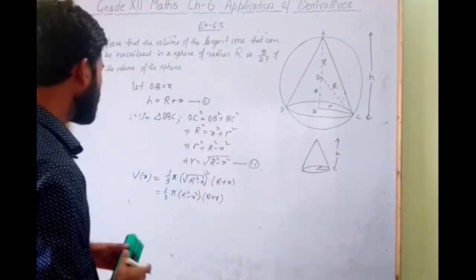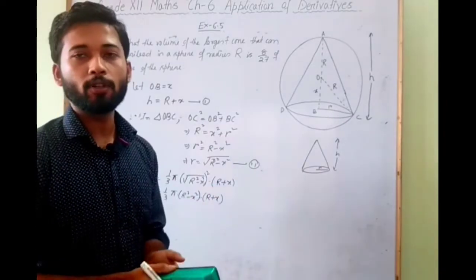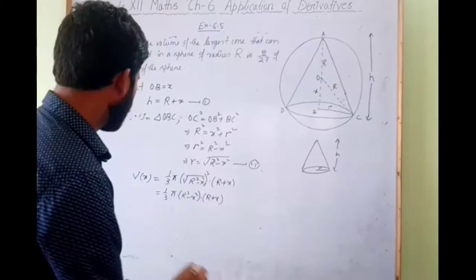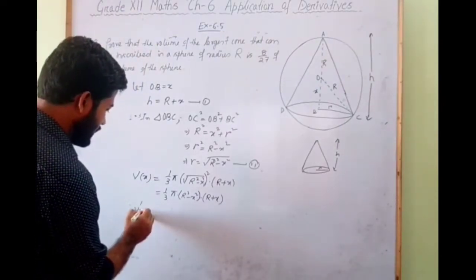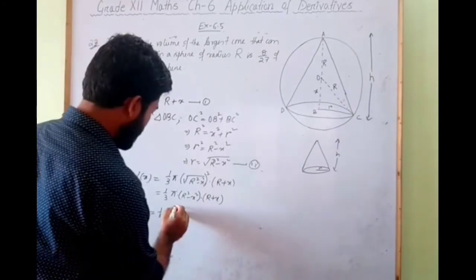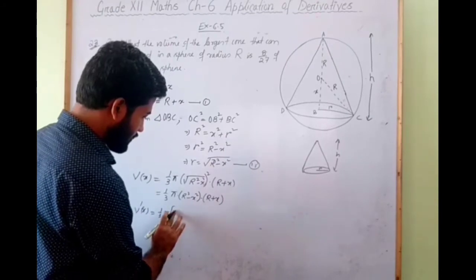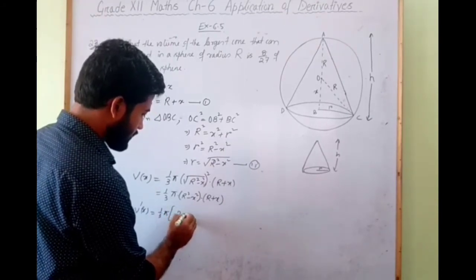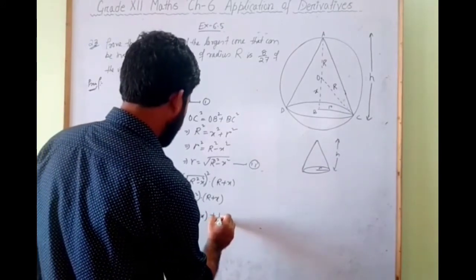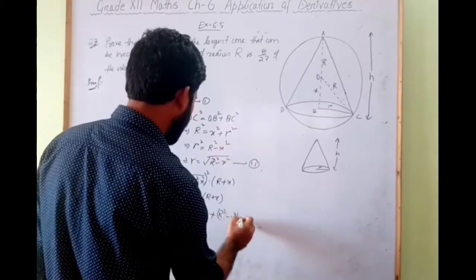Now what to do? We want to maximize this volume, isn't it? So to maximize this volume, at first we need to find the first derivative and equate it to 0. So finding the first derivative, V dash of x will be 1 by 3 pi, which is constant, so keep it as it is. Now derivative of the first function, R square is constant so it will be 0, so it will be minus twice x into second function plus second function into derivative of first function.